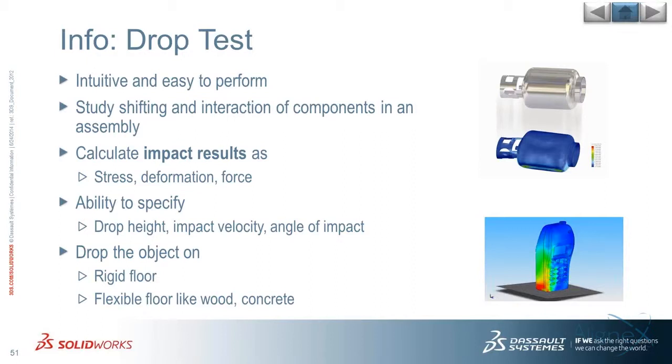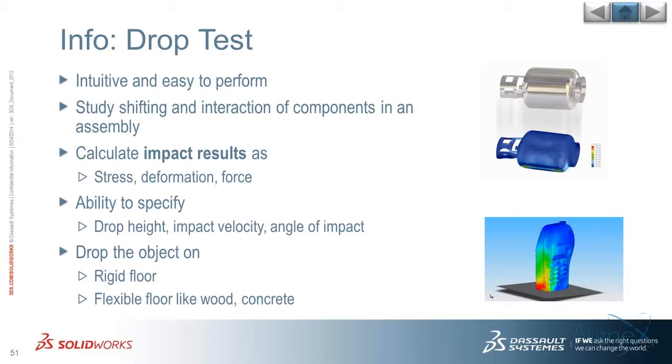So the drop test is there to get this small dynamic capability, but allow us to set this up very easily. So again, this calculates our impact results as stresses, deformation, forces. We can also get accelerations and velocities because now we're doing a transient solve where time is actually involved in our equations.